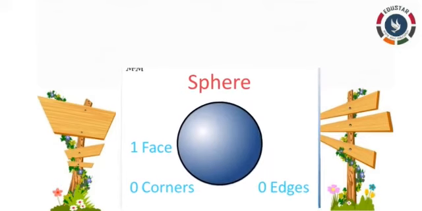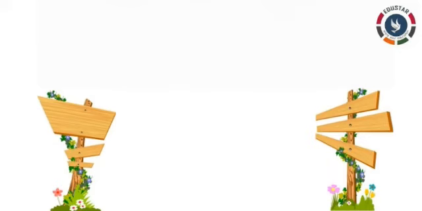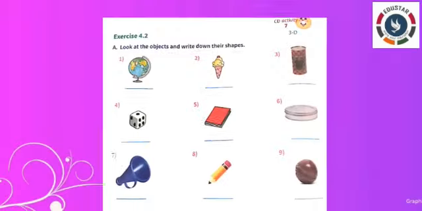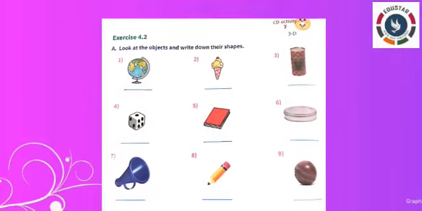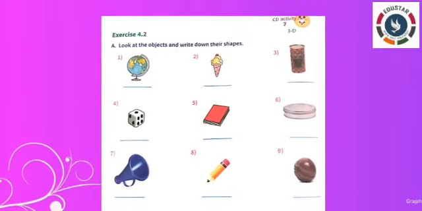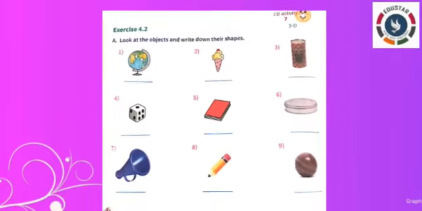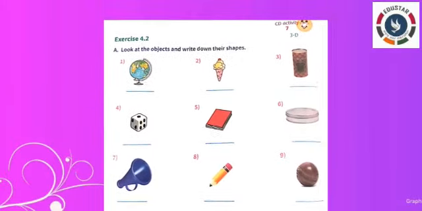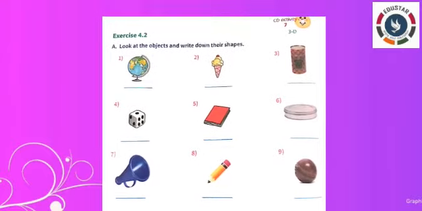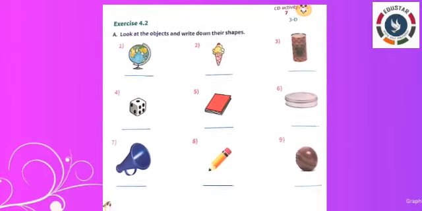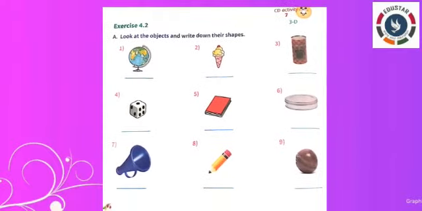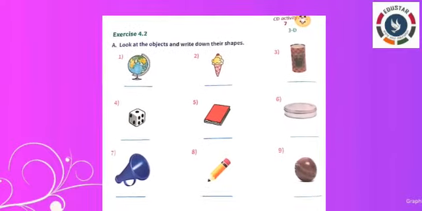Okay, students. Now, take your math book, turn to page number 52, Lesson 4, Geometry and Patterns, and complete exercise 4.2 A. Now, we are going to do the remaining exercises.